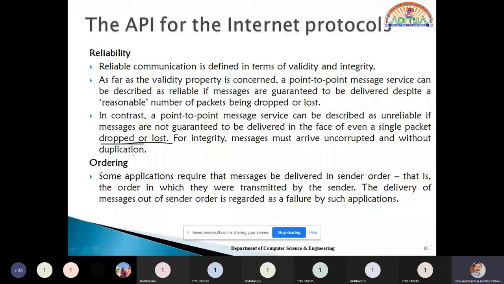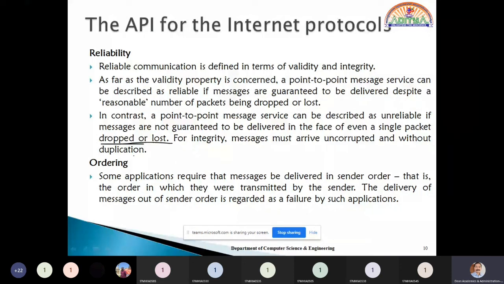You will say it is reliable when no part of the message is dropped or lost, and messages arrive at the destination without any corruption. That means they should be uncorrupted and no duplication should exist. Then the particular communication is said to be reliable communication.